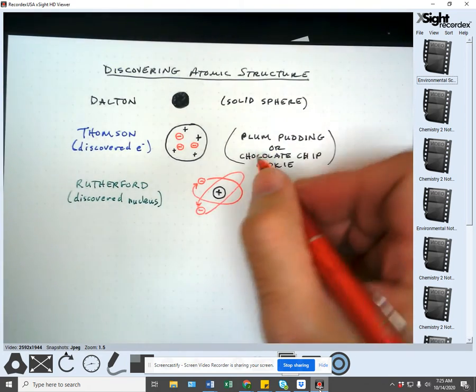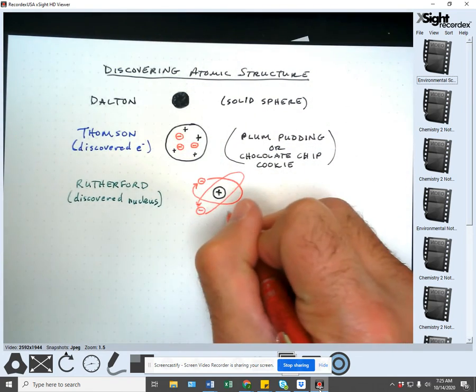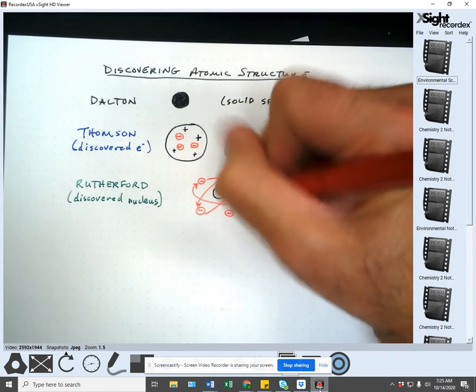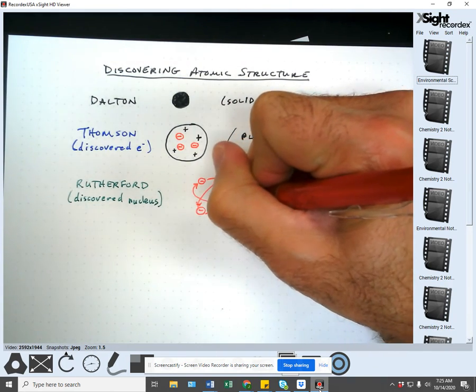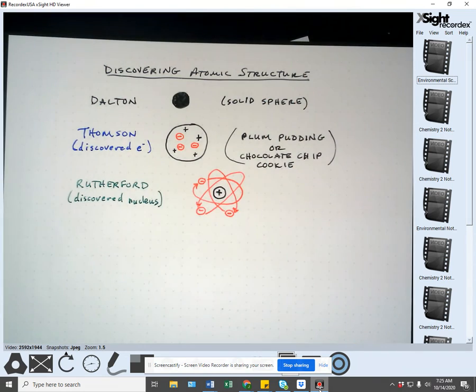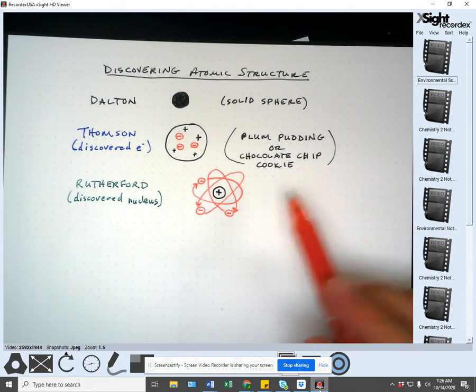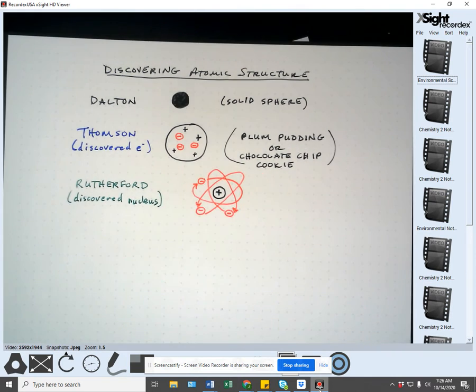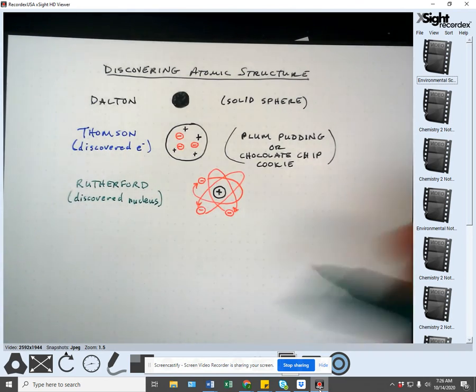This is what you typically see if you look up symbols of atoms or clip art of atoms. A small positively charged nucleus.